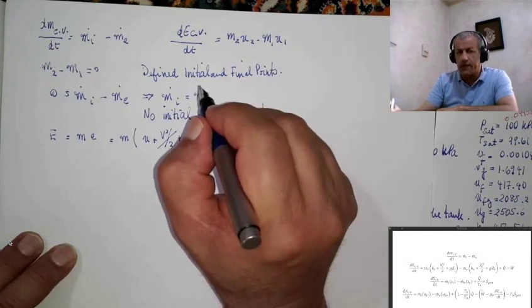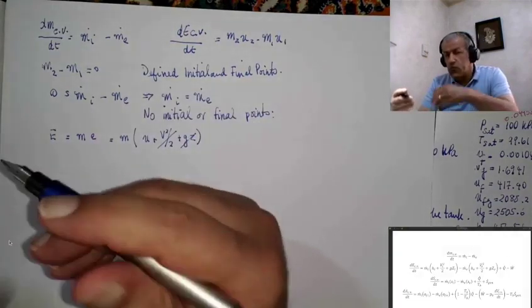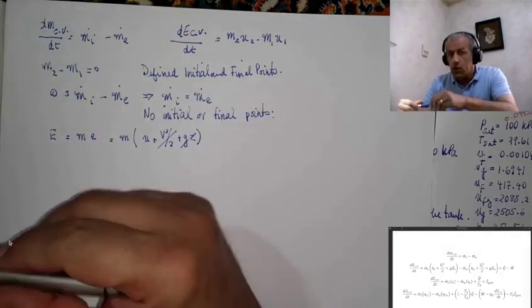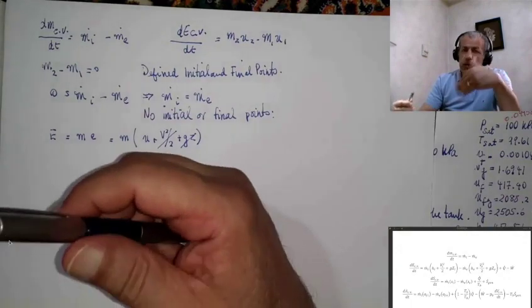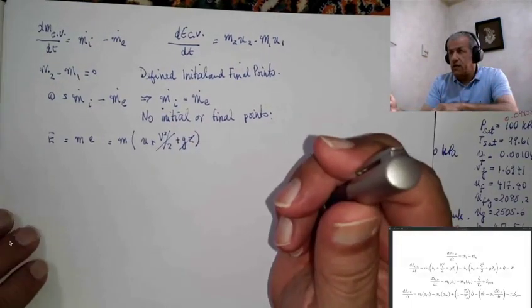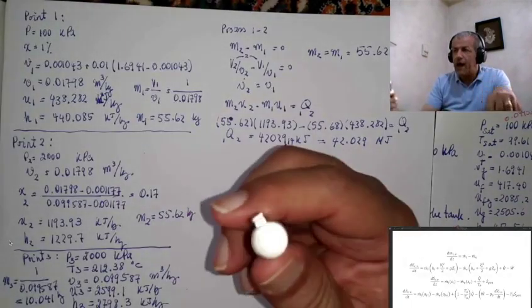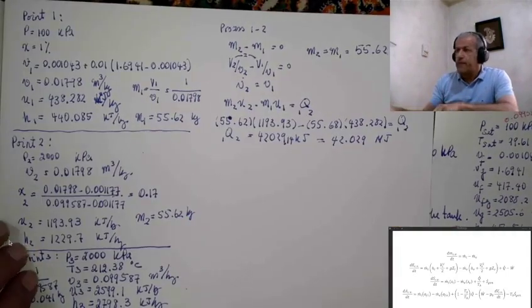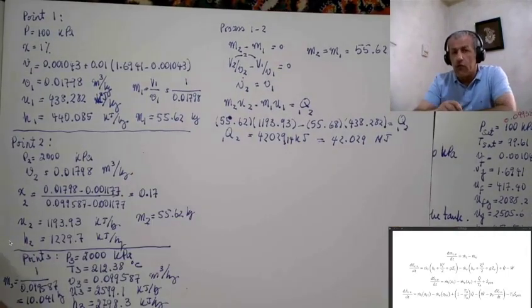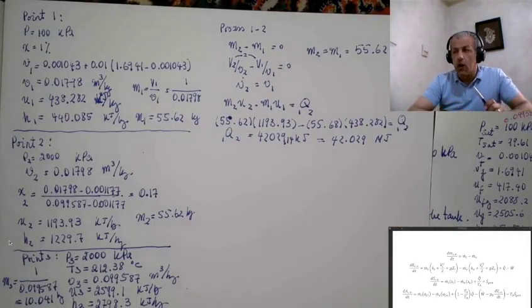So this is a practice between two stations when we know some initial point and some final point. So we have here all calculations for process 1, 2.